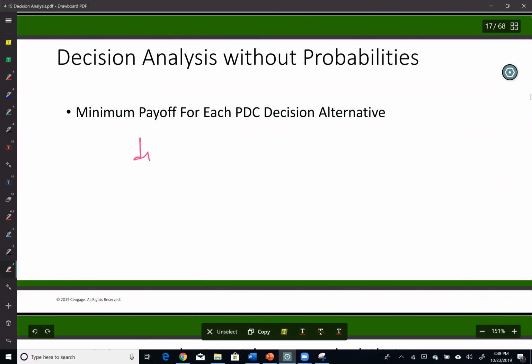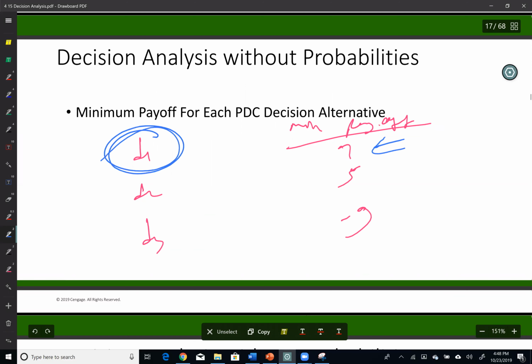Decision alternative 1, decision alternative 2, decision alternative 3, minimum payoff is 7 million, 5 million, and negative 9 million. And obviously, the best one here is 7 million. So I would choose decision alternative 1, which is small complex. So as you see, my answer changed depending on whether I am conservative or I am more risk seeker and optimistic.